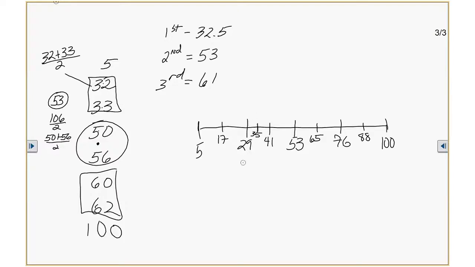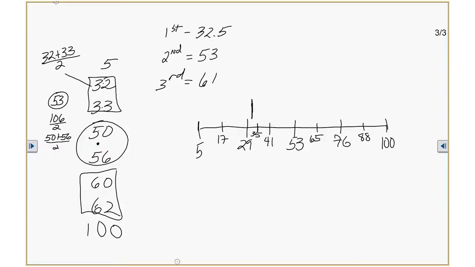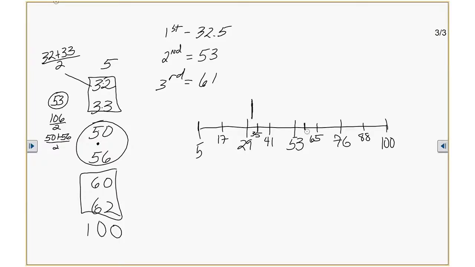Yeah, 32 would be somewhere in here. And 60 would be right here, right? So 61 would be right about here. And then 53 is right in here.